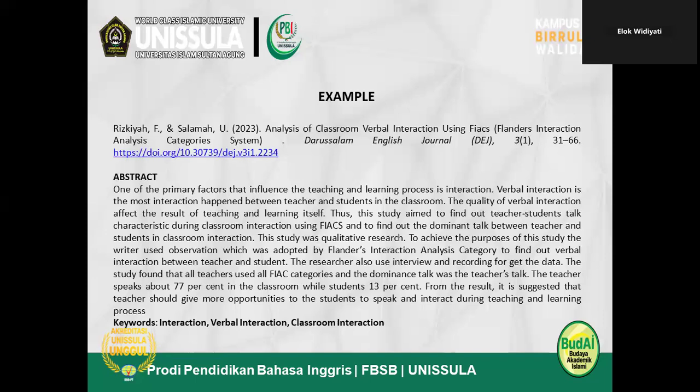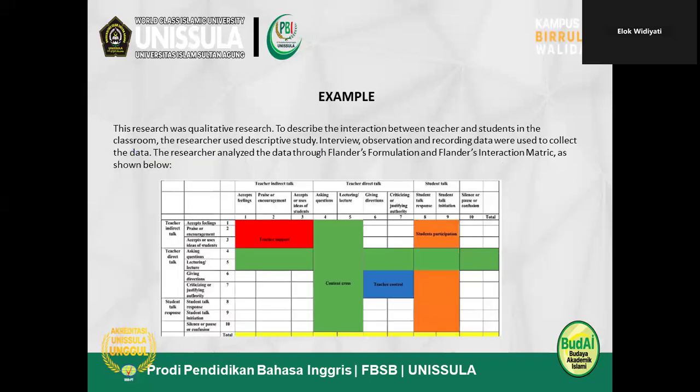Now let's go to the method. Here is an example of the method. This research was a qualitative one to describe the interaction between teacher and students in the classroom. The researchers used a descriptive study, and interview, observation, and recording data were used to collect the data.